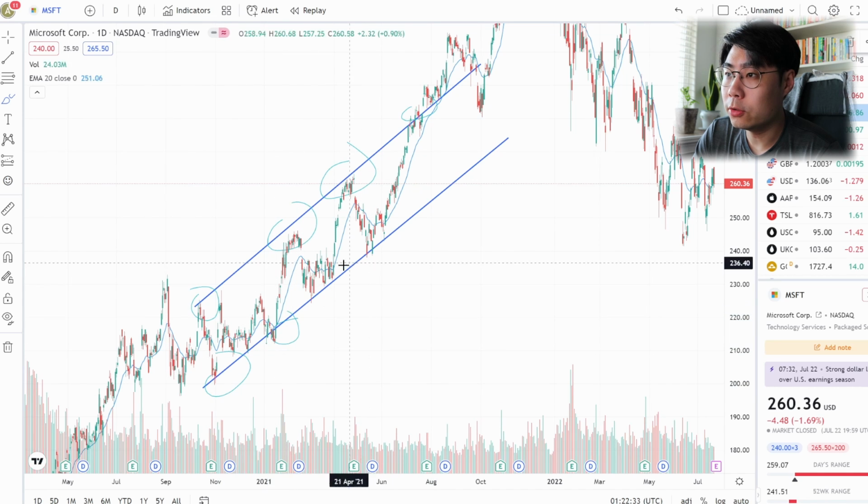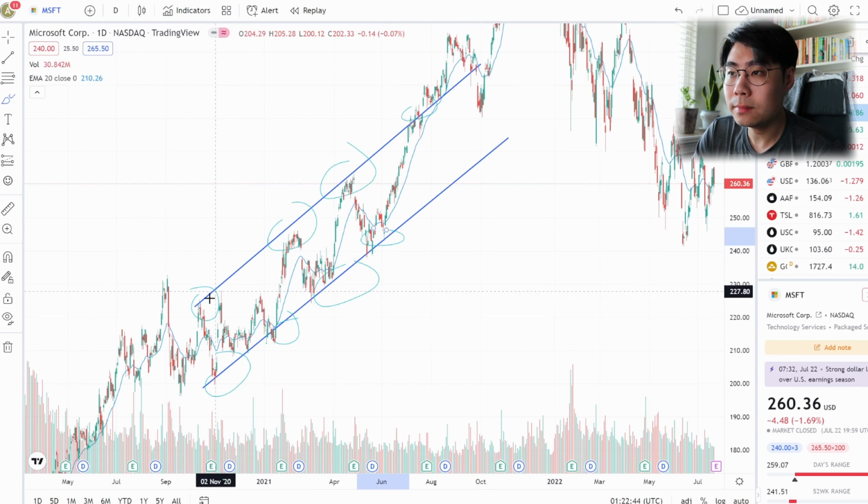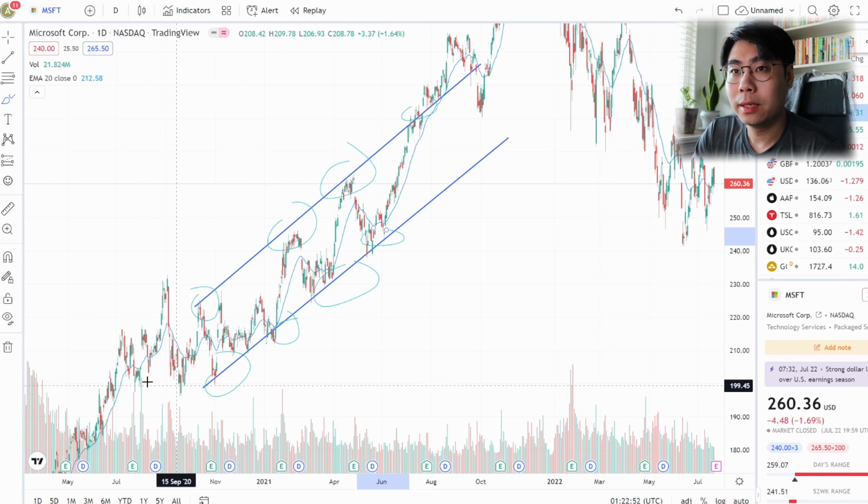So these are the lows. So basically you draw a trend line on the lows, and then you draw another trend line on the highs. And you can see Microsoft's stock price is fluctuating within these trends, right?